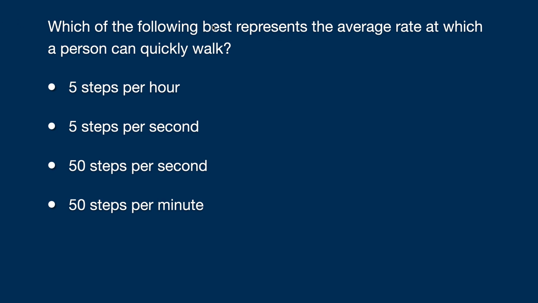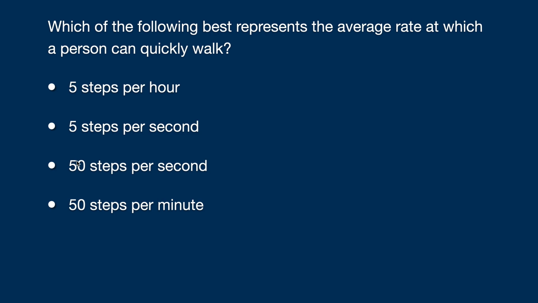Which of the following best represents the average rate at which a person can quickly walk? So just go with the one that makes the most sense. 5 steps per hour. That seems like a very slow walking rate. 5 steps per second. That one seems like it could work, so we'll keep that one around. 50 steps per second.